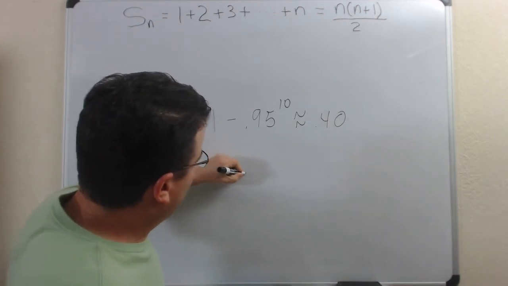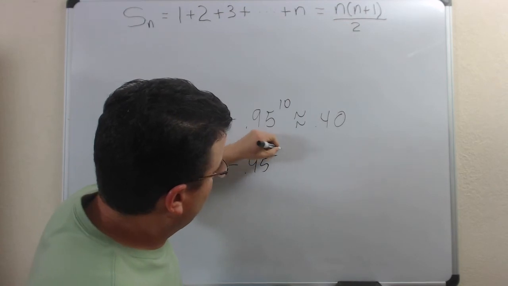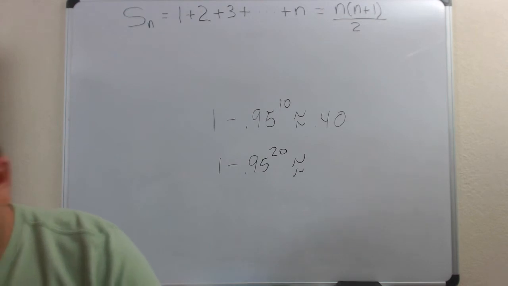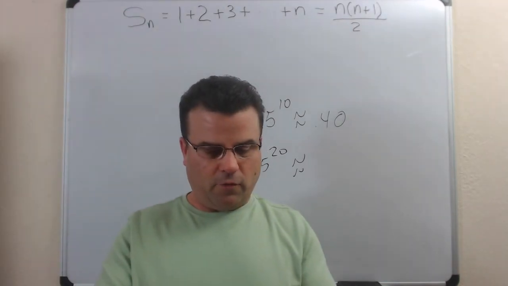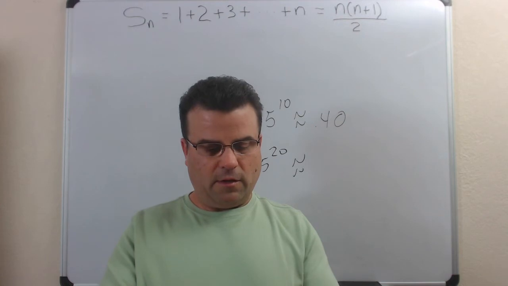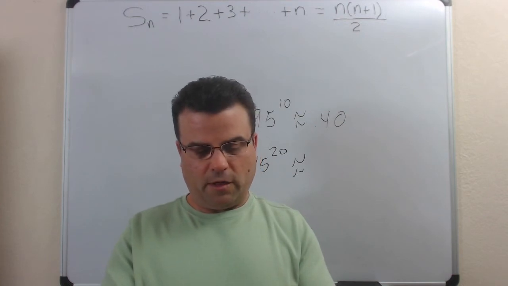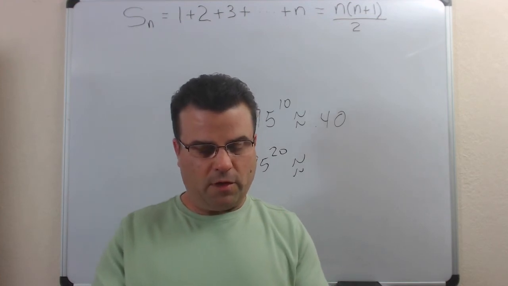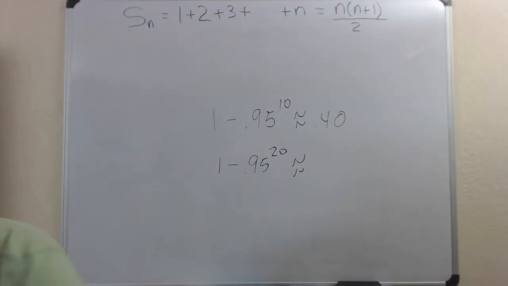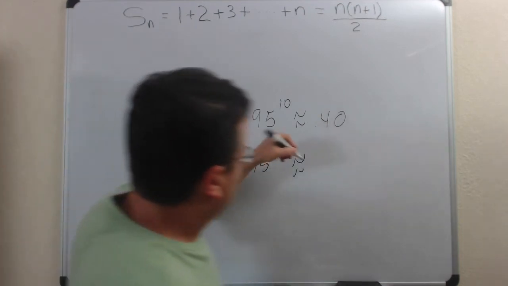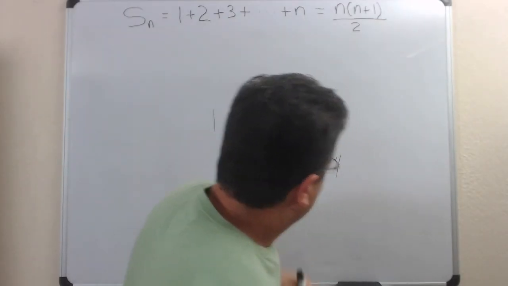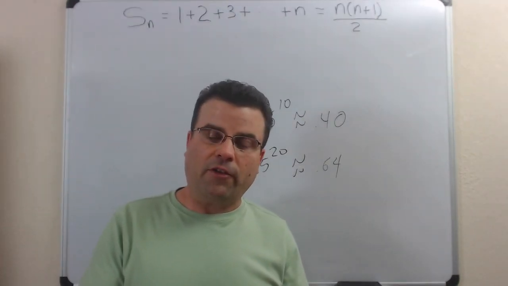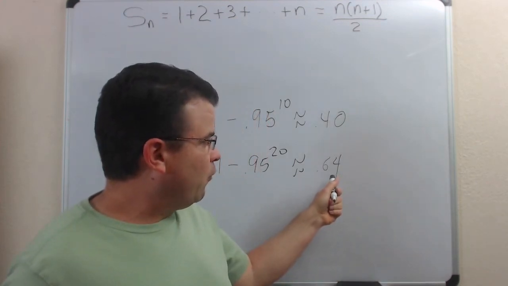I need the calculator again, sorry. 0.95 to the 20 equals, it'll be right around 64%. So 0.64 is the probability of making a type 1 error, rejecting the null hypothesis when the null hypothesis is true.